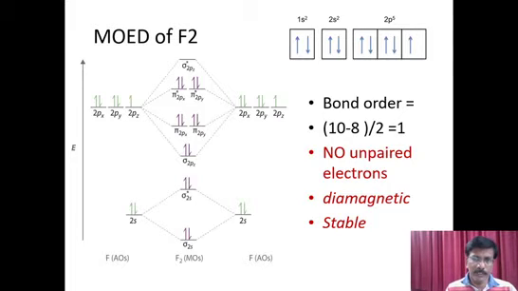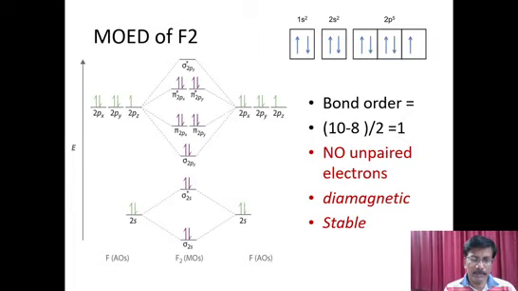You can see the same in the diagram also. For F2, there is 1s interaction, 2s interaction, and 2p interaction. The interesting part is the 2p interaction, in the upper part of the molecular orbital diagram. On the left side, 2p has 5 electrons, and on the right side, 2p has 5 electrons, altogether 10 electrons. In that, there are 3 plus 3 orbitals, that is 6.